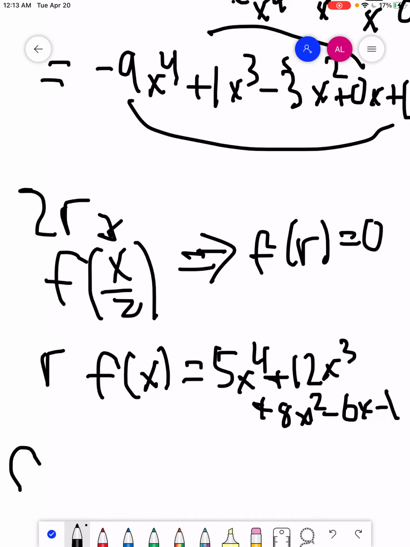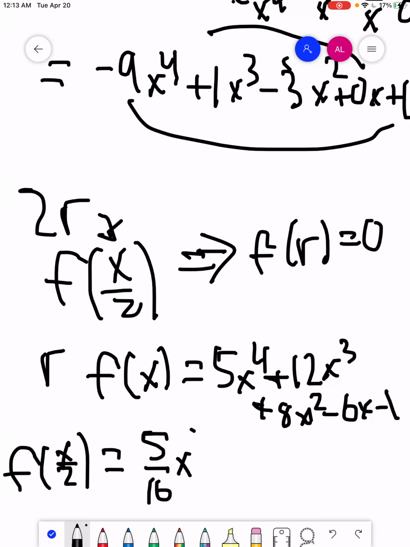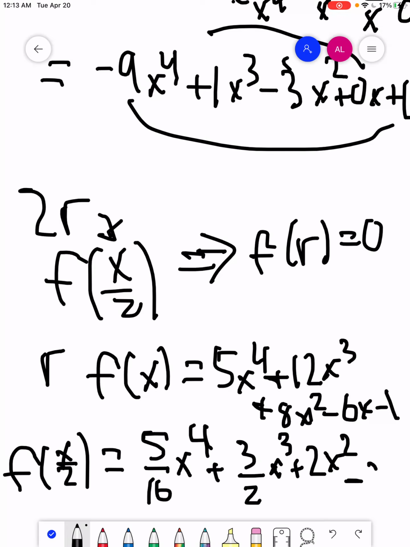Plugging in f of x over 2 will give me 5 over 16 x to the 4th plus 3 over 2 x to the 3rd plus 2x squared minus 3x minus 1.